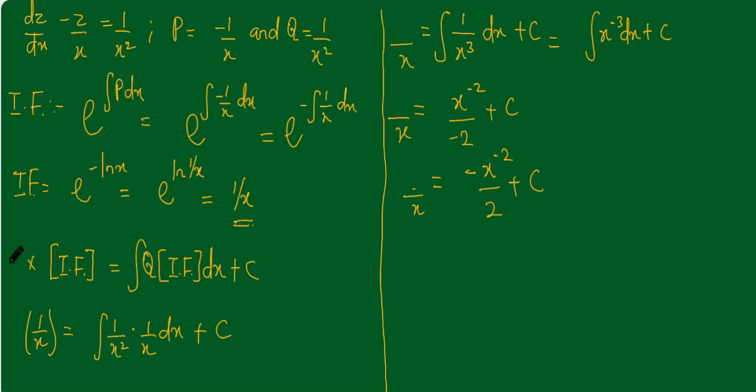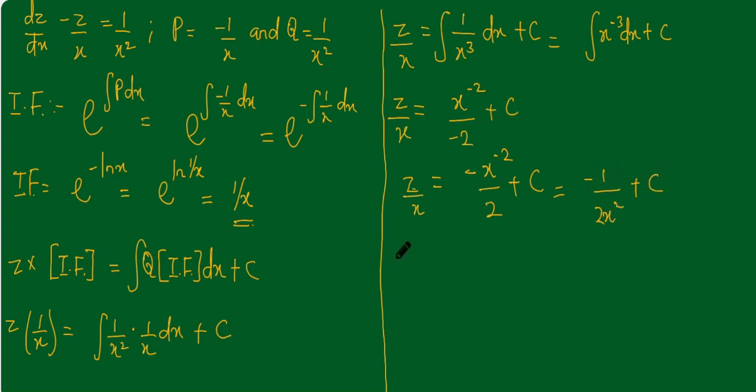So we have z multiplied by the integrating factor instead. We have z over x is equal to minus x raised to power minus 2 divided by 2 plus c, which you can write as minus 1 divided by 2x squared plus c.